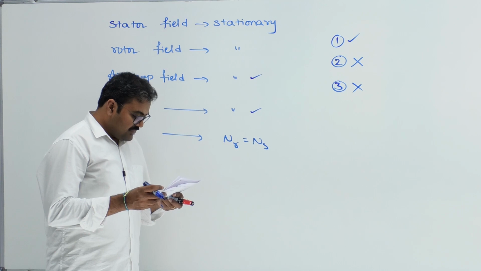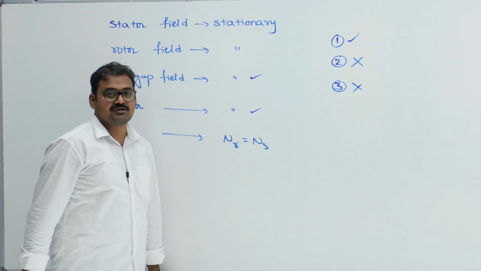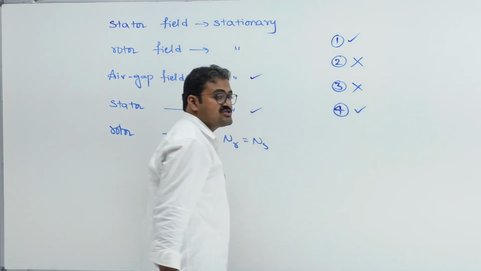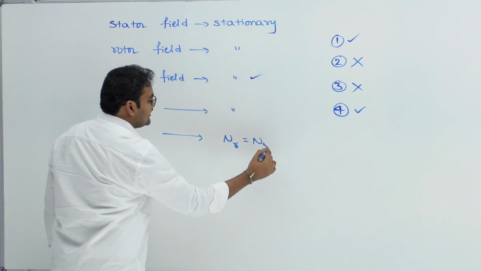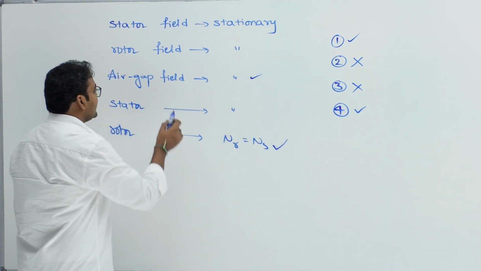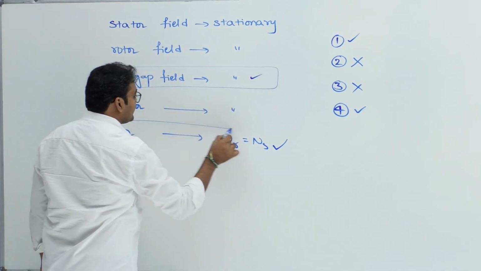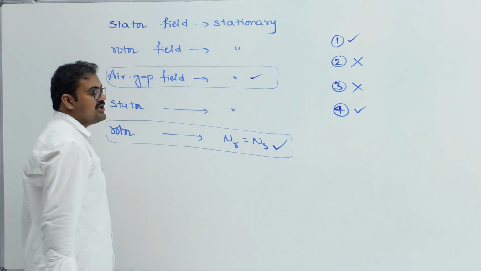Next, rotating at ns with respect to rotor. Yes, that is correct, because they are talking about air gap field with respect to rotor. Air gap field is stationary, rotor is rotating at a speed ns. Therefore, the relative speed will definitely be equal to ns.